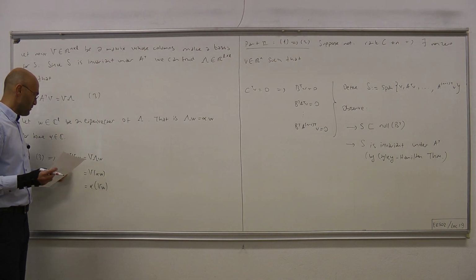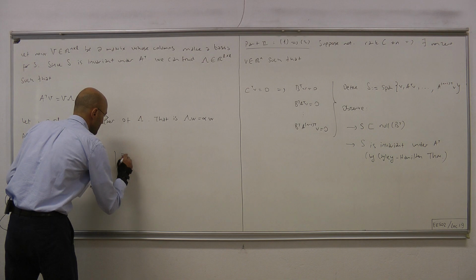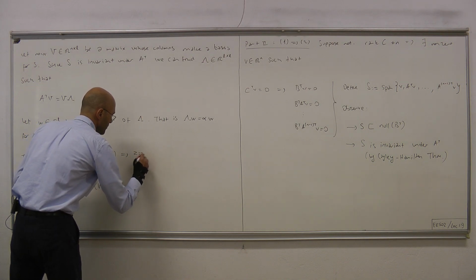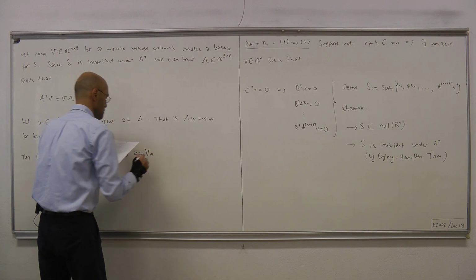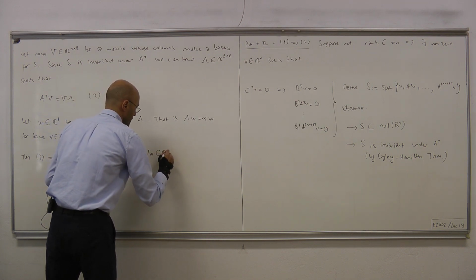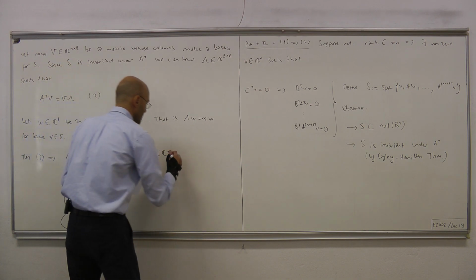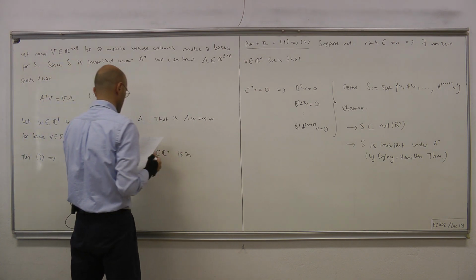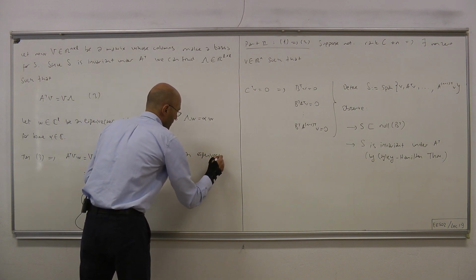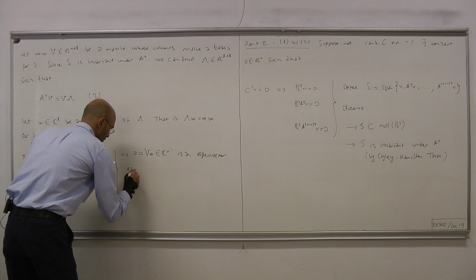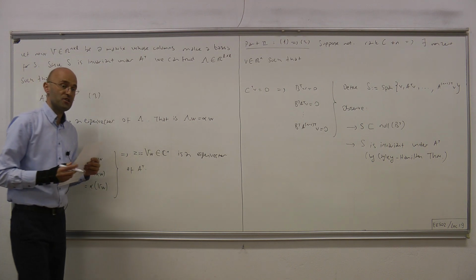Okay. So what we have obtained therefore is, let's call that vector Z. Z equals V times W, which is a vector in Cn, is an eigenvector of the matrix A transpose. Why is that?